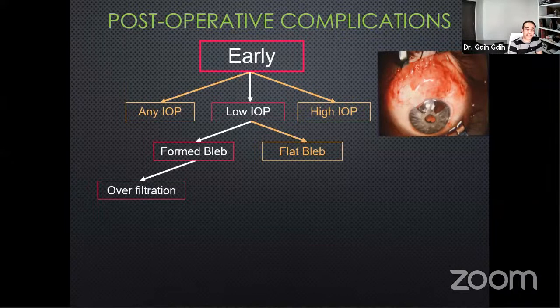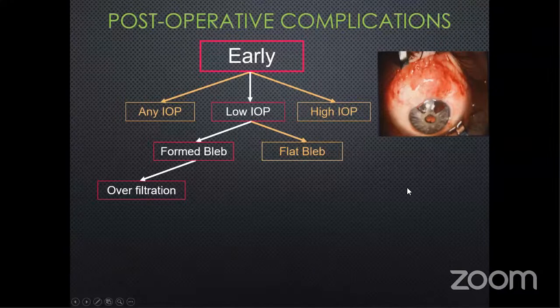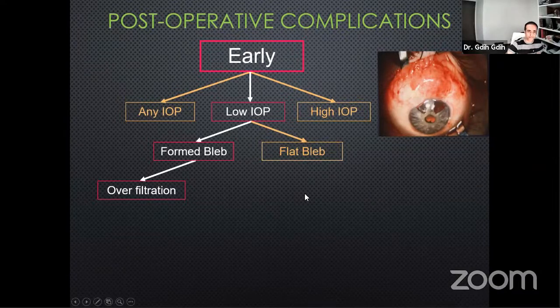Think about where the aqueous humor is. If it is in the bleb, you're going to have a high bleb, low pressure, and shallow AC. Just think about it. All the aqueous ended up in the flap under the bleb. So overfiltration.